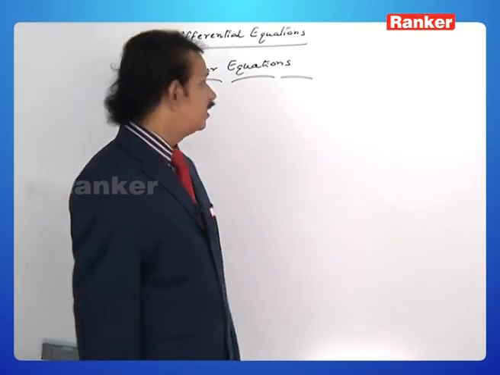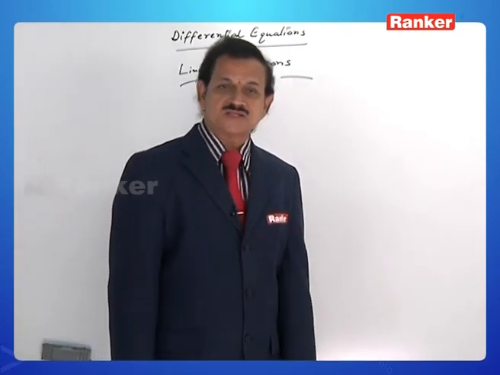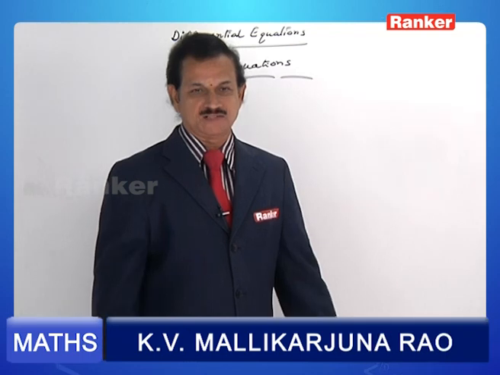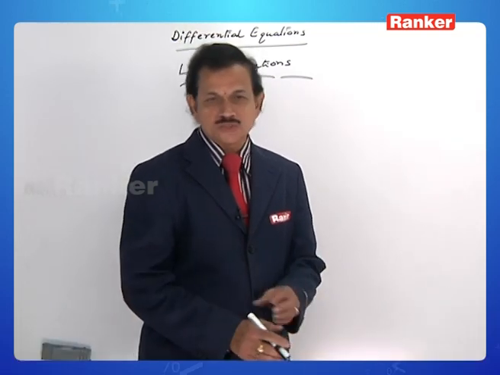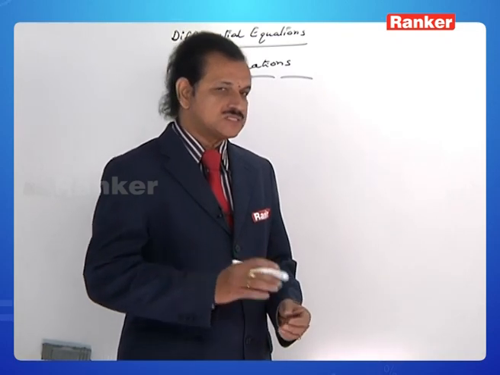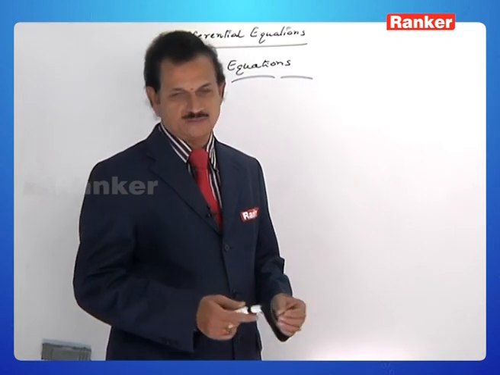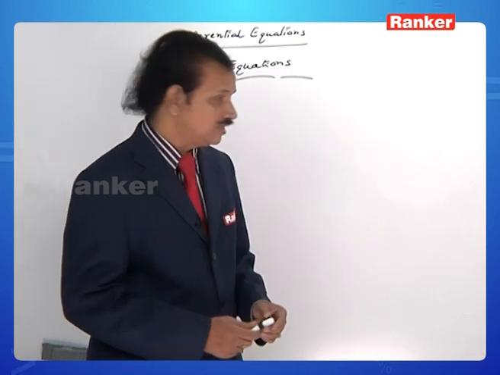In this session, we shall look at some special varieties, or rather special models, from linear equations. They look to be linear, but only after certain steps can they be converted to linear equations.